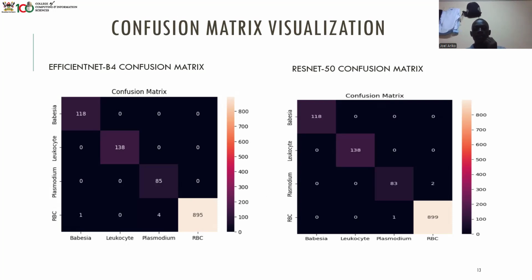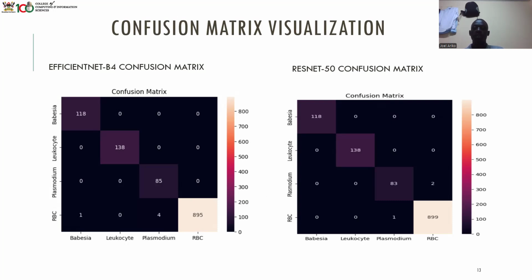Then on the other side, the ResNet confusion matrix, following the diagonal, the model correctly classified most of these images, but I see some errors where it classified two Plasmodium cells as red blood cells, and I also saw one red blood cell classified as Plasmodium.